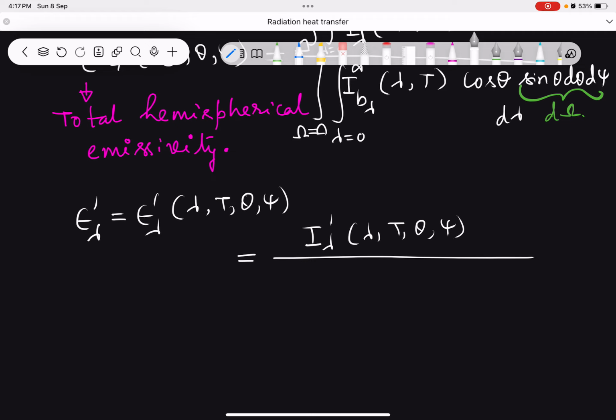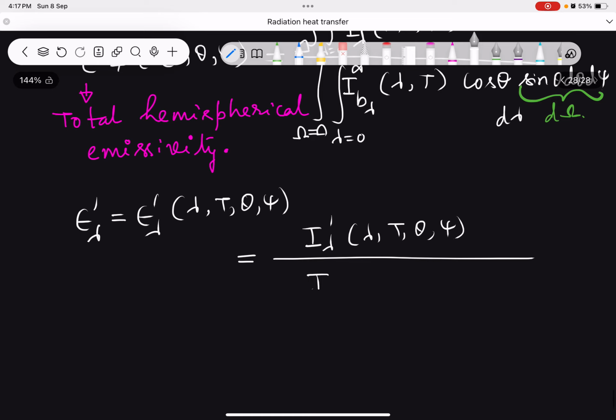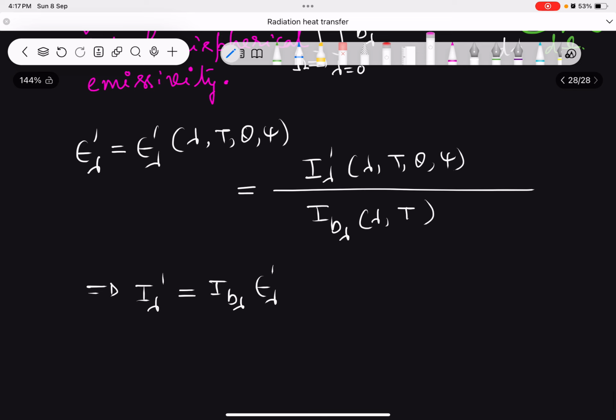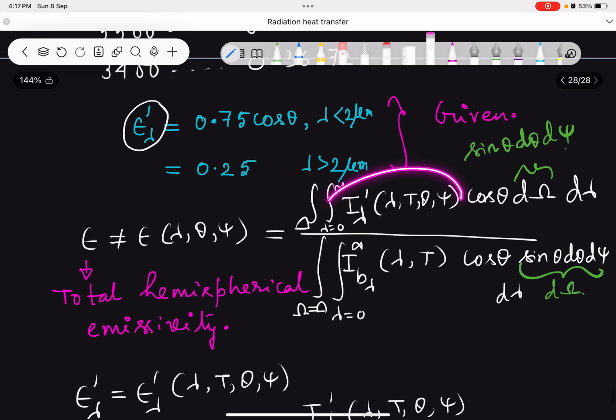It will depend upon the direction as well as upon the wavelength, and it will be compared with the black body. This is the definition. So from this definition we can write I lambda dash is equal to I_B lambda into epsilon lambda dash. Clear? So you have to put this thing here.